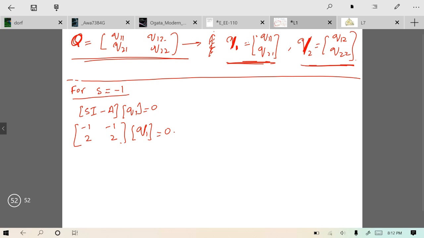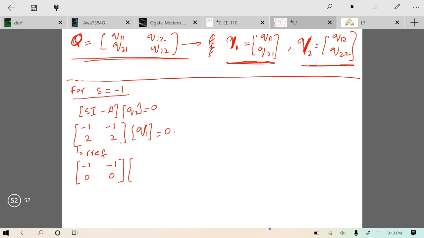It would be convenient if we convert it into row reduced echelon form. Multiplying row 1 with 2 and adding it to row 2, I get -1, -1, 0, 0. I have got this in row reduced echelon form.